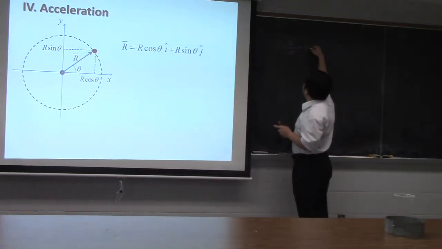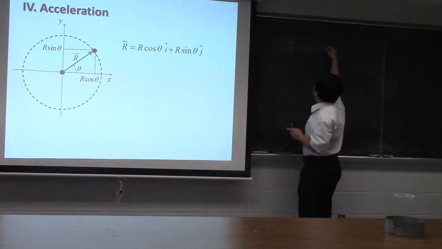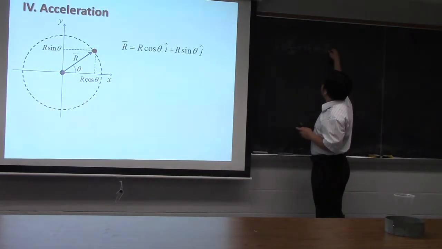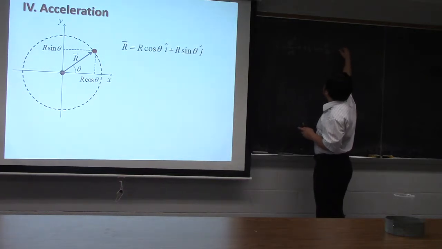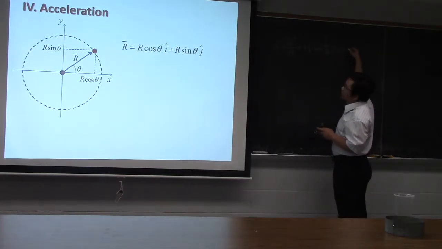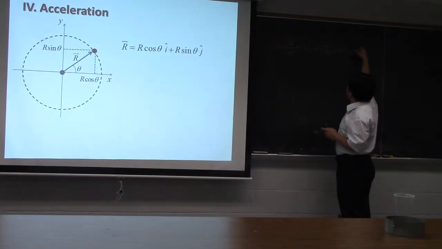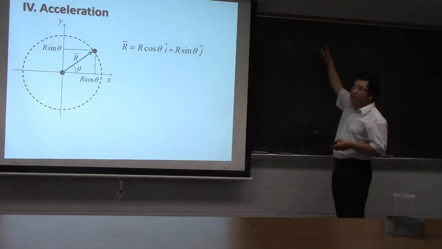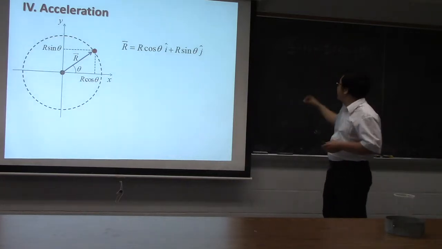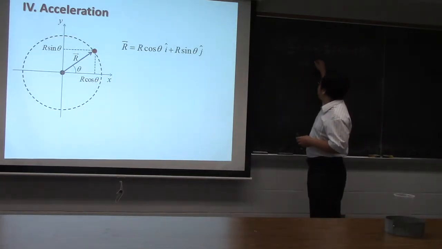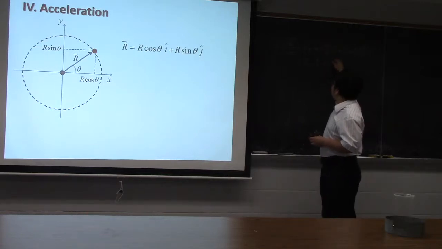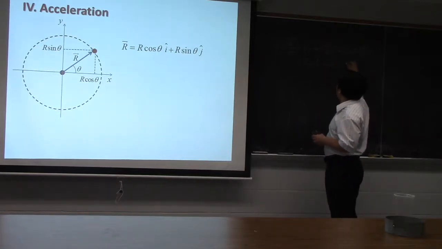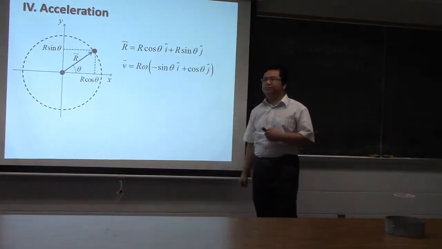So that is r times minus sine theta d theta over dt i hat plus r cosine theta d theta over dt j hat. And remember, d theta over dt is omega. So we can say that this is equal to r omega times minus sine theta i hat plus cosine theta j hat. So I have this result.